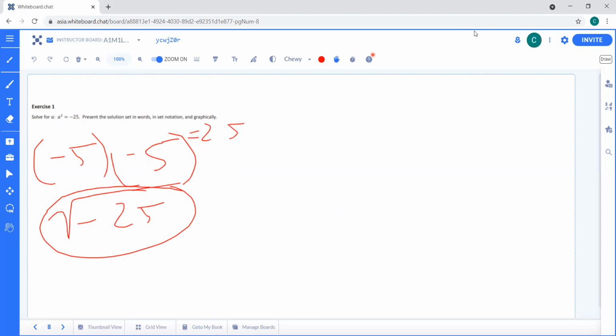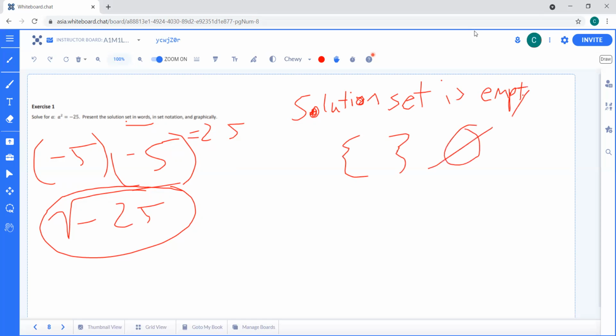So how would we do that in words? We would just simply say the solution set is empty. In set notation, we just leave it empty like that, or we could write our empty set notation.